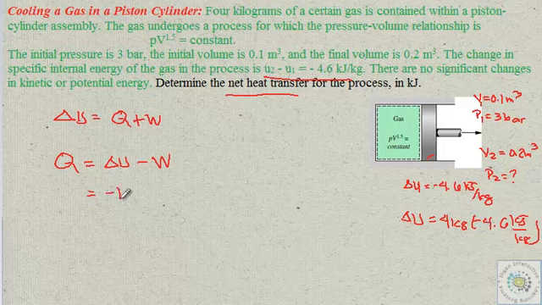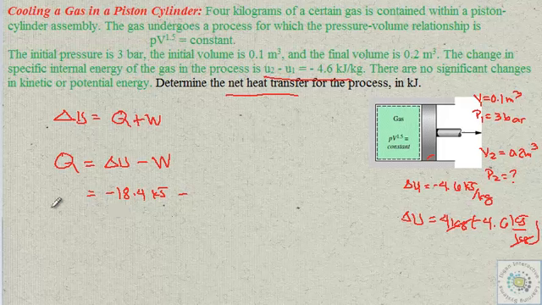So your delta U is negative 18.4, in kilojoule, not kilojoule per kilogram, because the kilogram and kilogram cancel. The only problem will be the work. I think we already solved this one, but let me do a rough solution for this time.